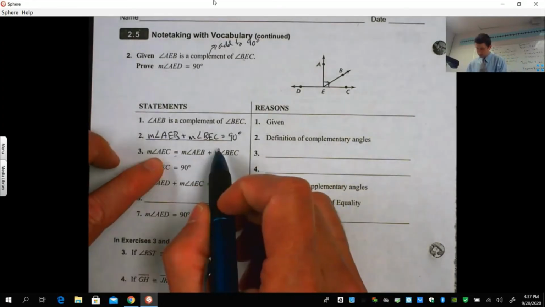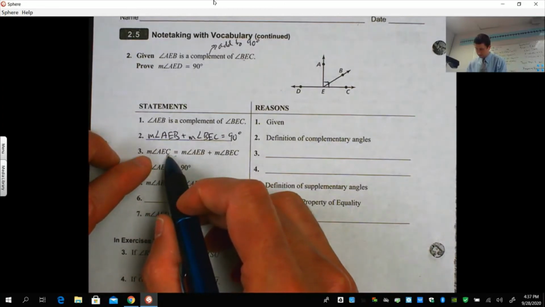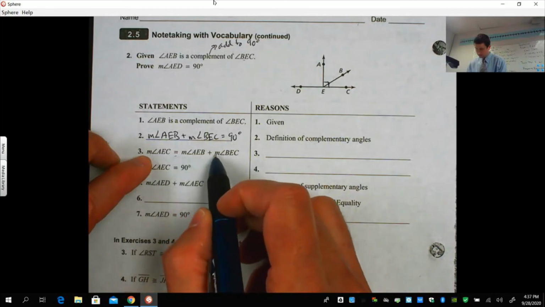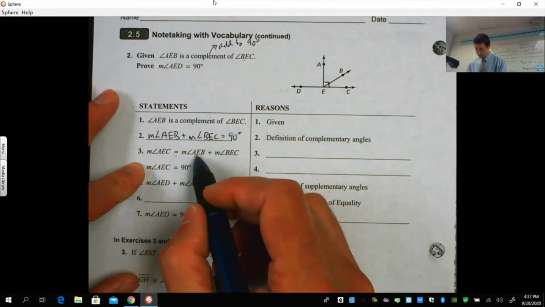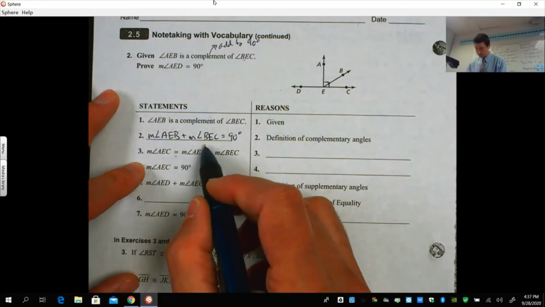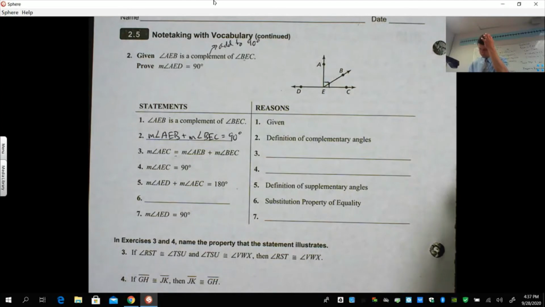Okay, so what's changing here? Measure of angle AEC equals the measure of angle AEB plus measure of angle BEC. So what changed is these two have stayed the same, and they made the 90 degrees into the measure of angle AEC.